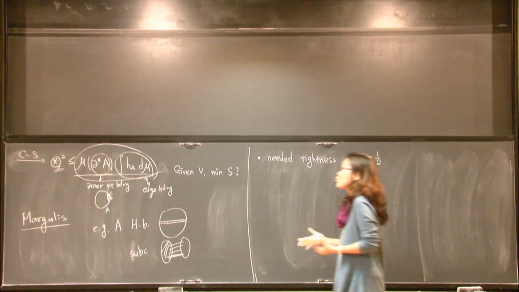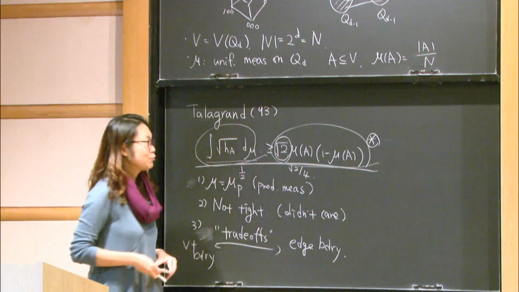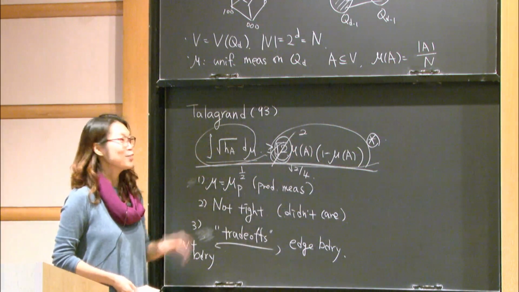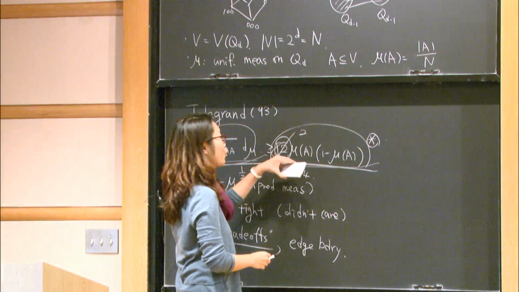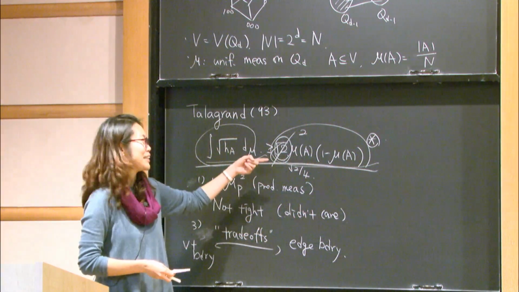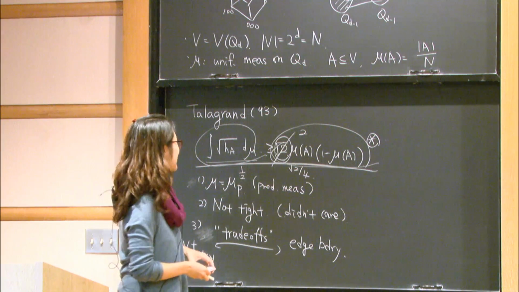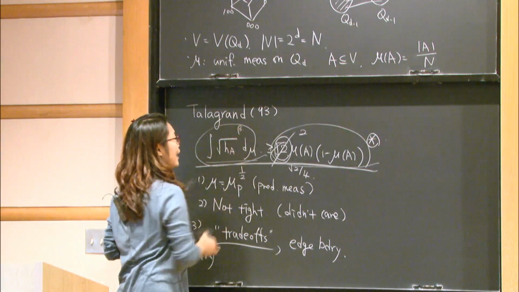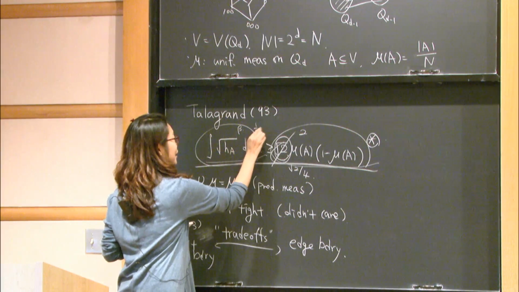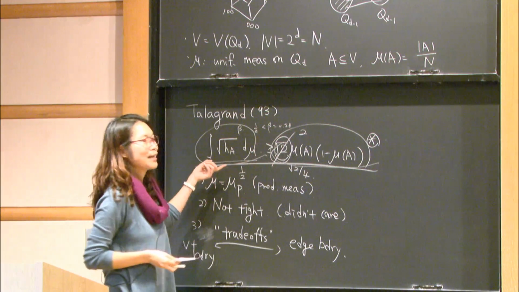The first thing that we tried was to see if we can replace this by 2. If we can do this, then this inequality is tight when mu of A is a half. But we know that this inequality is not true, right? Because as I said, we have beta here, and this beta is best possible. And because a half is smaller than beta, which is 0.58, this inequality cannot be true.